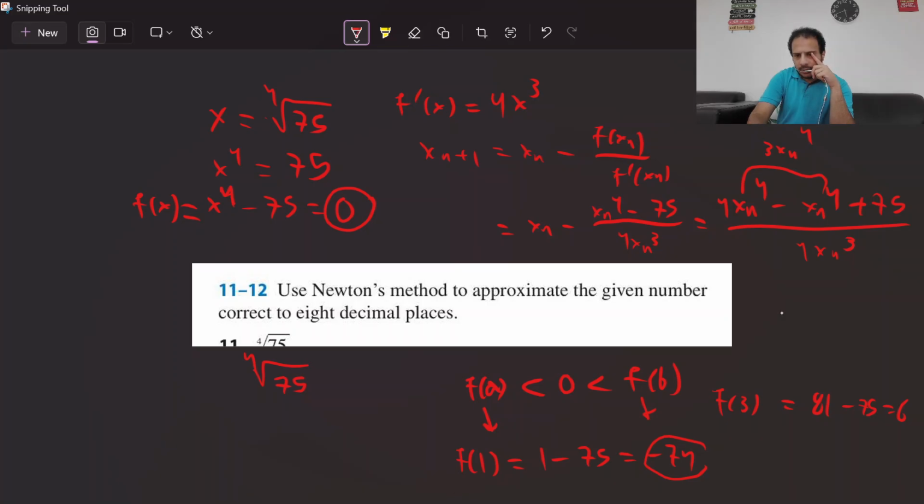So if you want, you can choose 2. f of 2 equals 2 to the power 4, 16, minus 75 equals minus 59. So the solution is between 2 and 3. It's better than between 1 and 3, because you have more choices between 1 and 3 than between 2 and 3, right?